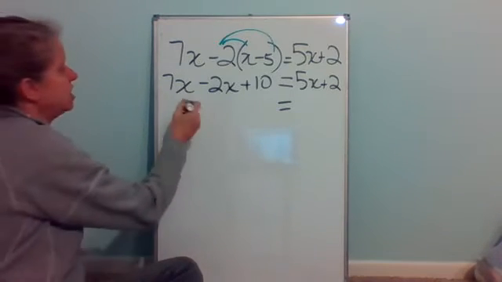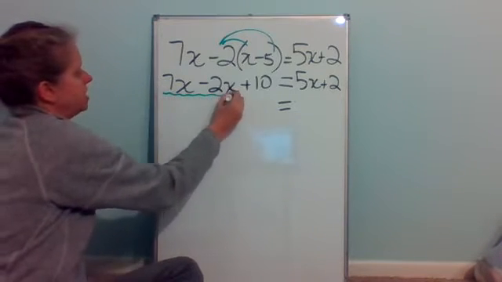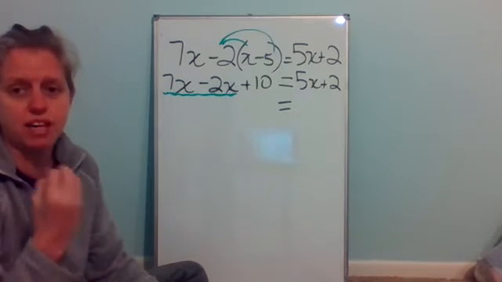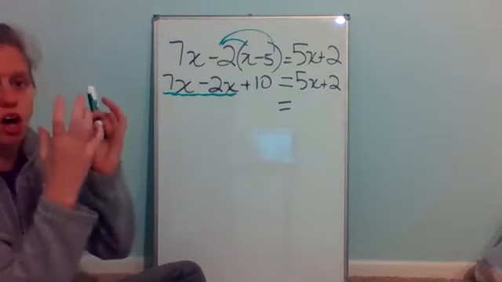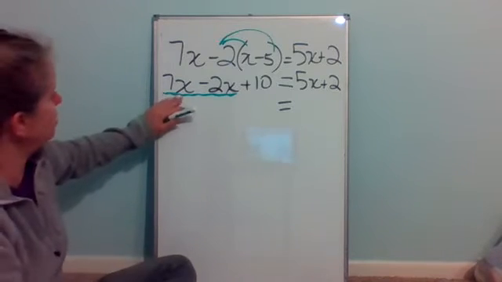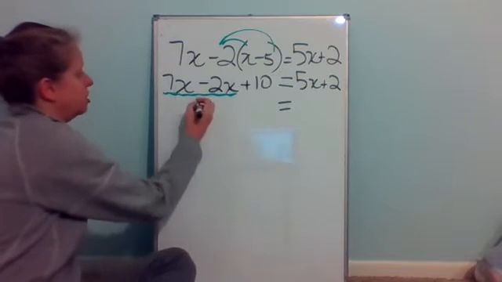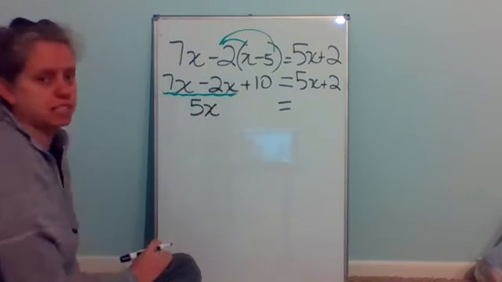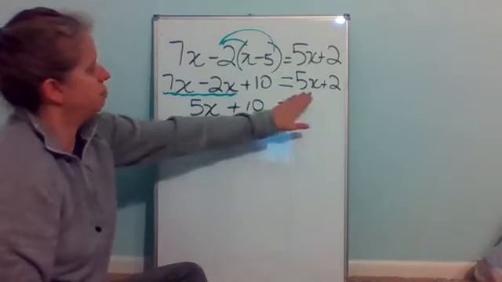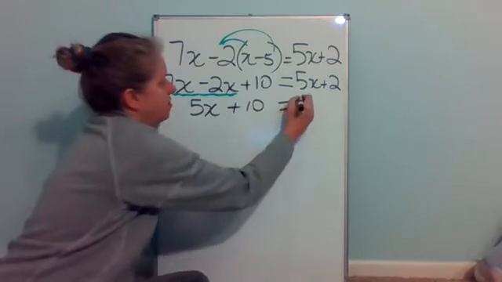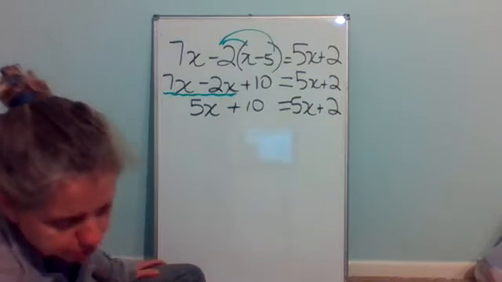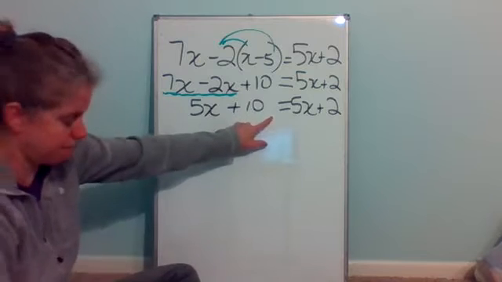Now on the left side of your equal sign, anytime you see like terms on the same side, you want to put those all in the same basket. So I put the 7x minus 2x together, which leaves me with 5x. Bring down my plus 10, and the other side, 5x plus 2, and my equal.